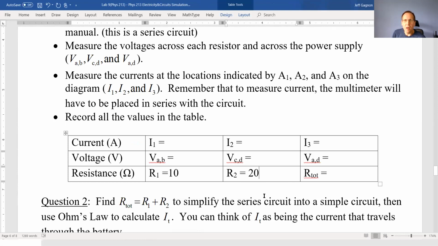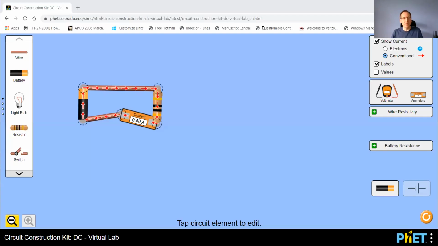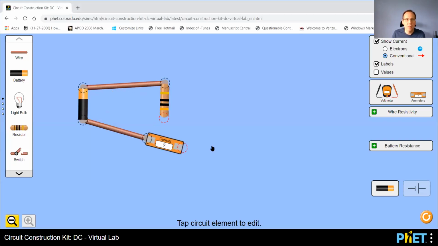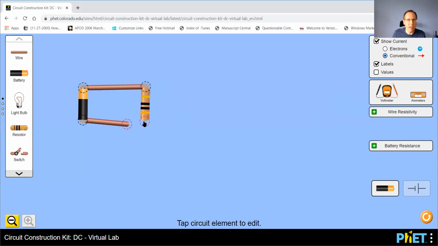Okay, so let me show you how to set this up, and then I'll walk you through the question. Okay, so let me break the circuit here. Put this back for now. There's many ways you can do this. You probably want to do something like this, like maybe put your first resistor there.